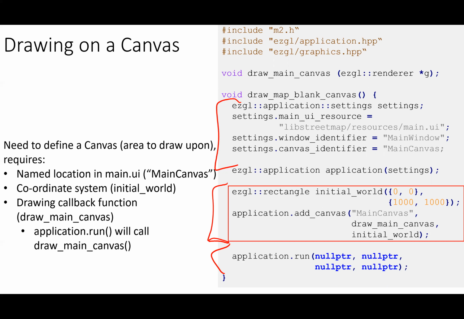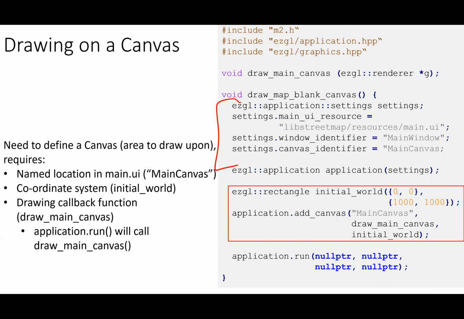You constantly have to think, I want to draw something here, where is that on the screen? So what EasyGL does instead is you say what coordinate system you want, and it will handle all the transformation of what you draw into pixels. So it provides a higher abstraction level that's easier to work with.